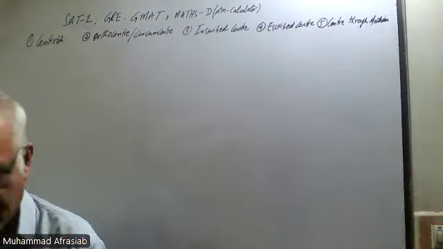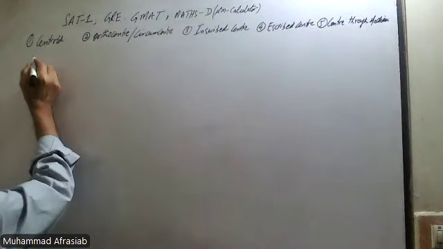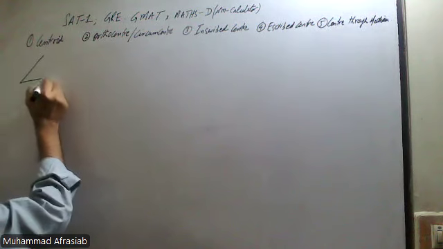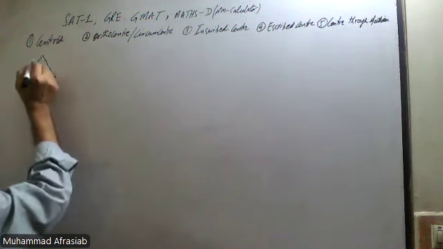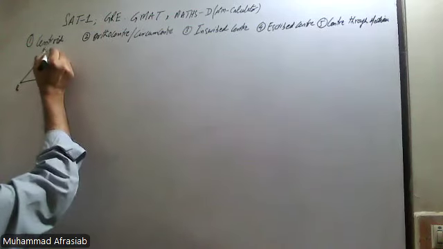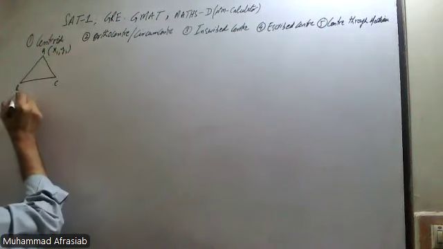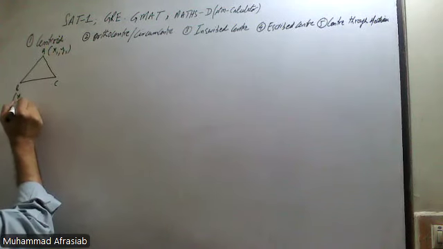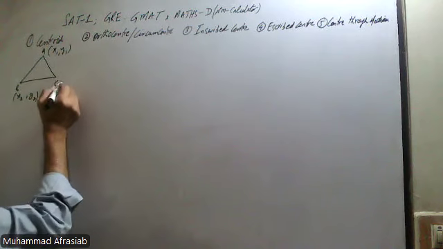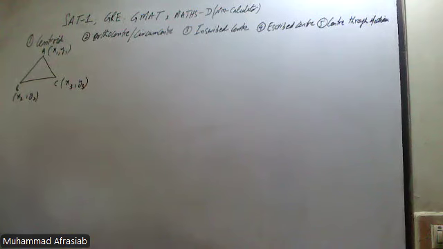For this centroid, we know that, let's say we consider a triangle ABC, with A has the coordinate as x1 and y1, B has the coordinate as x2 and y2, and C has the coordinate as x3 and y3.